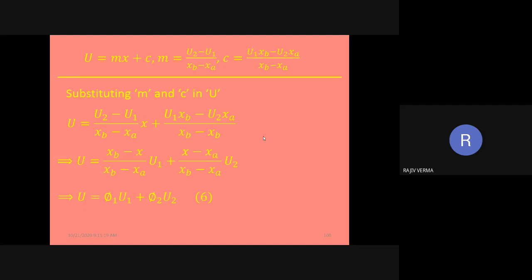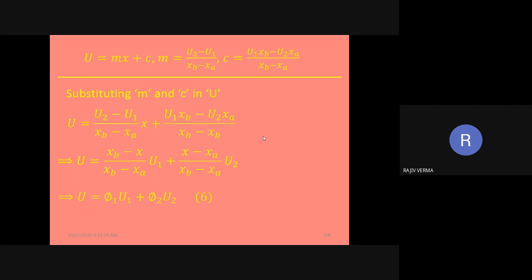The earlier polynomial which we used was an expression of the type u is equal to mx plus c. So in that expression also, m and c happen to be two unknowns, but they represent the slope and the value of the intercept. Now this expression has been modified to a slightly different form.